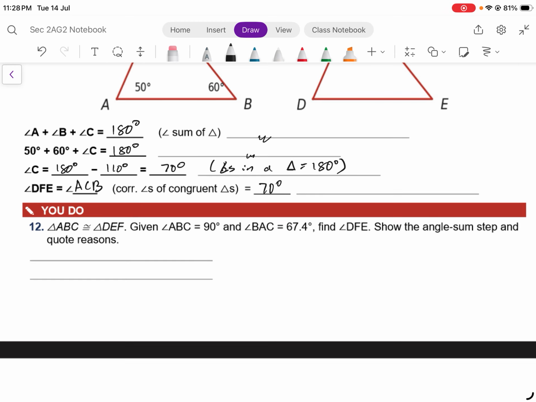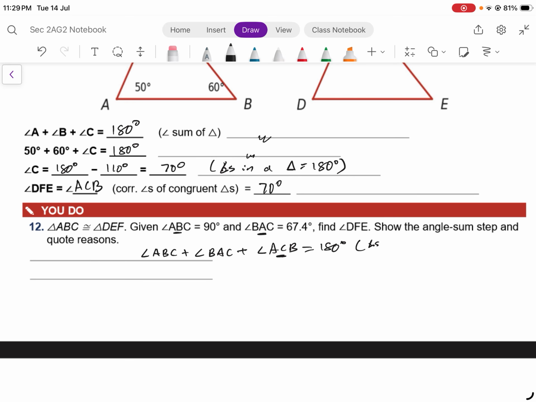Okay, so we know ABC means angle B, BAC means angle A. So angle ABC plus angle BAC plus angle ACB, we want to find angle C, equals 180 degrees, right?